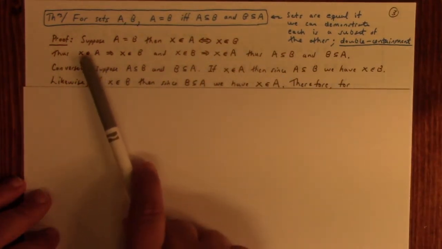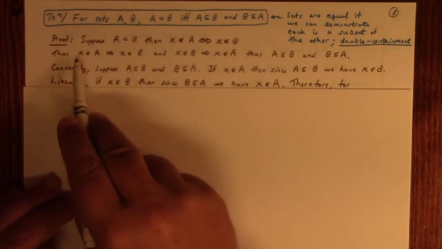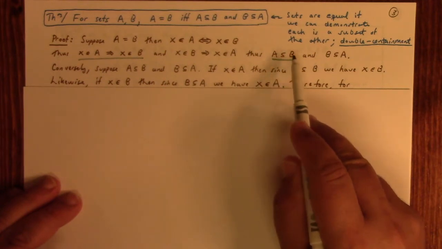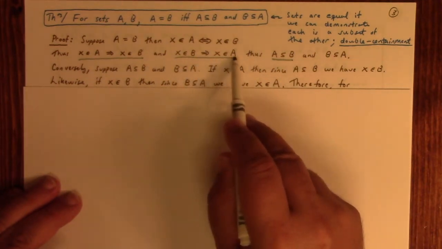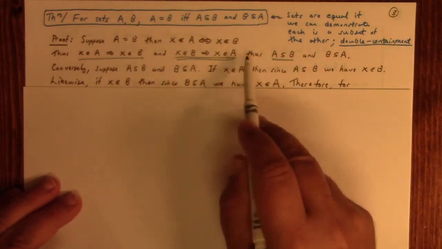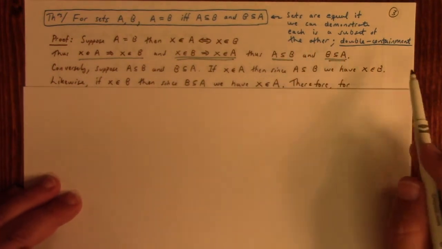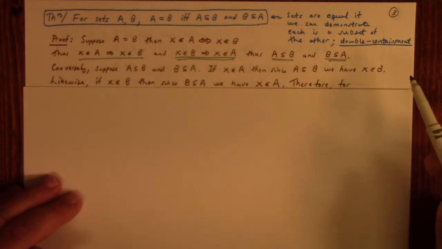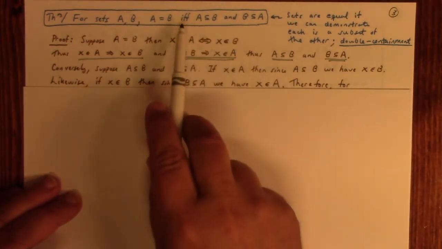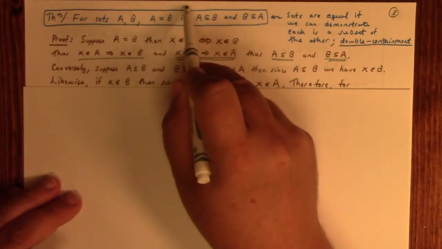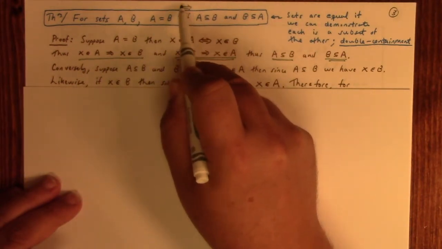So this implication for arbitrary x shows me that, and this implication right here is what I need to prove that. So I have both A is a subset of B and B is a subset of A.